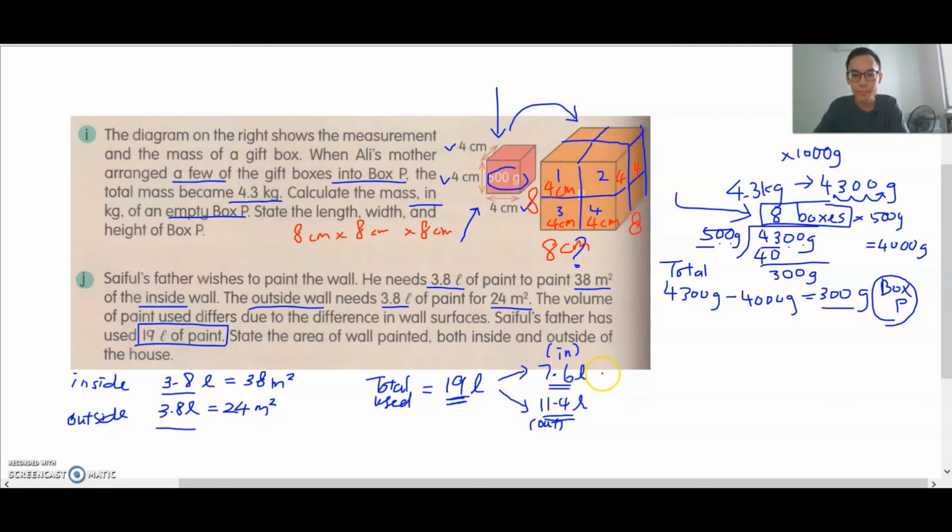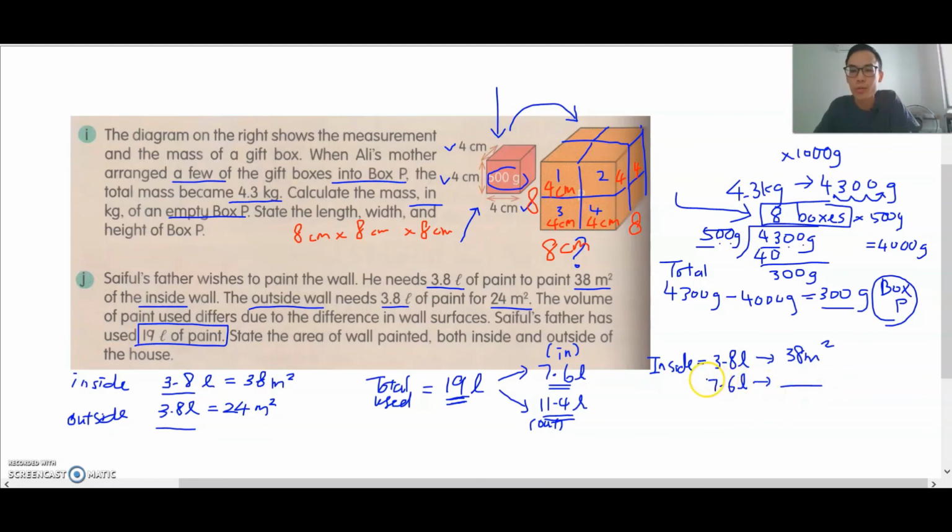Okay, now we look at the calculation. So we solve the inside first. So according to the question, 3.8 liters can paint 38 square meters. Now I used 7.6 liters. How much can I paint?